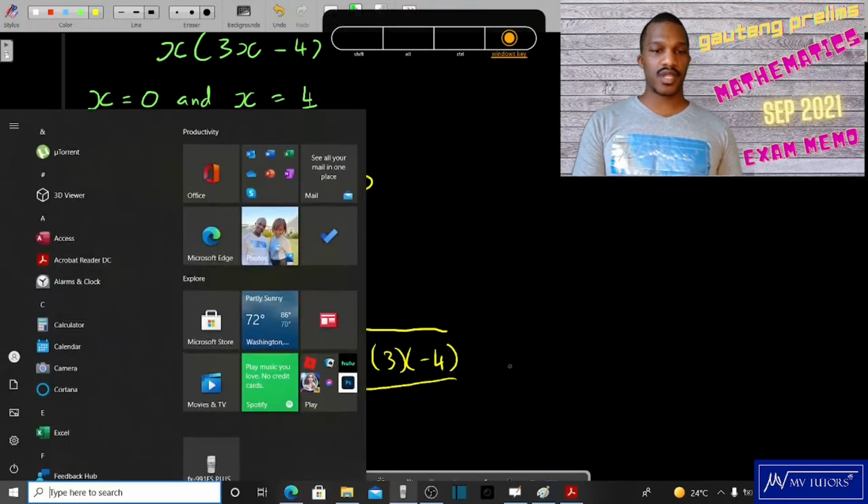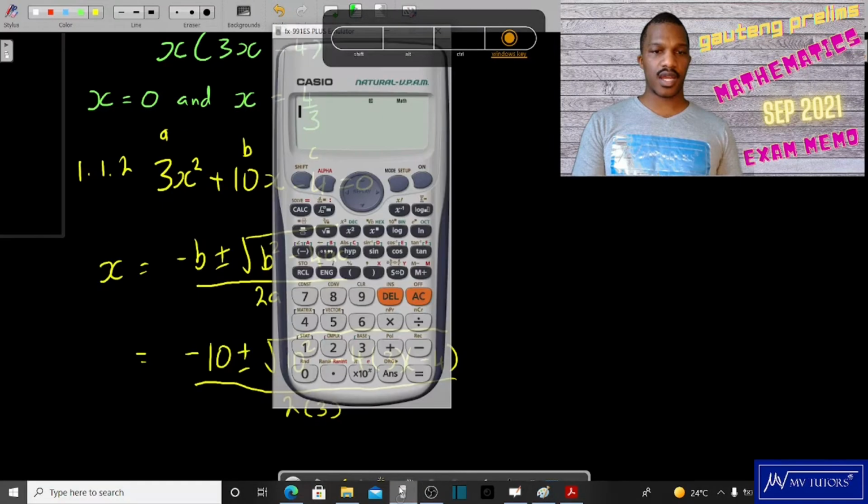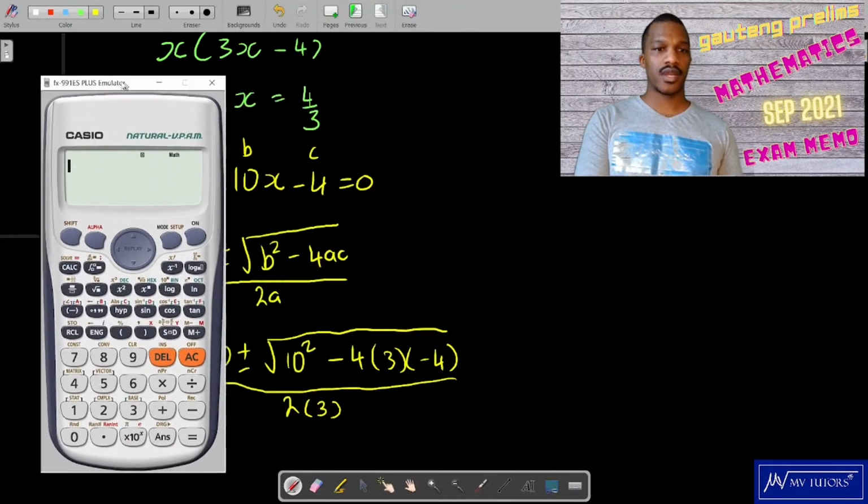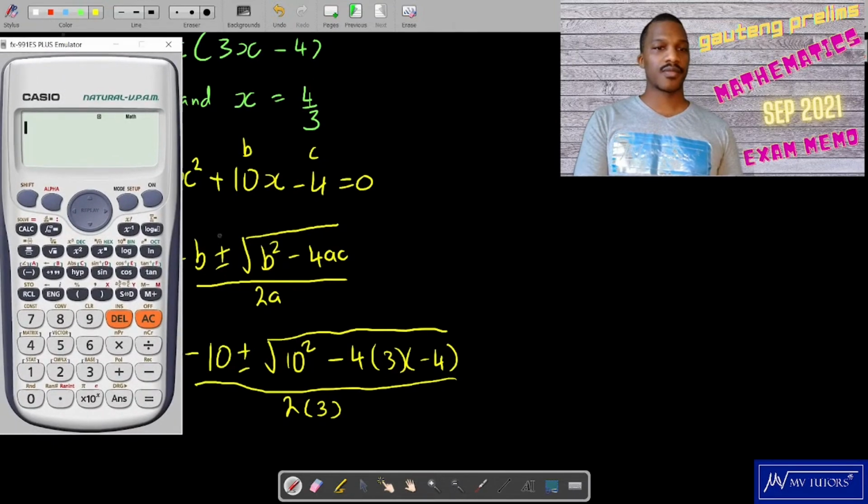Okay, at this point I should just get a calculator. Let's put our fraction, and then we'll put negative 10 there.